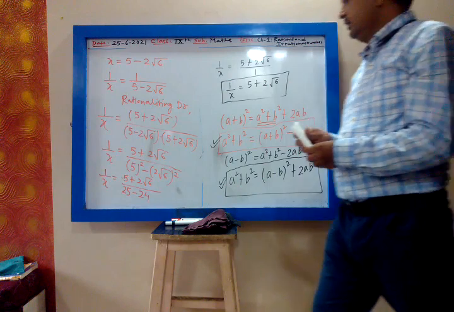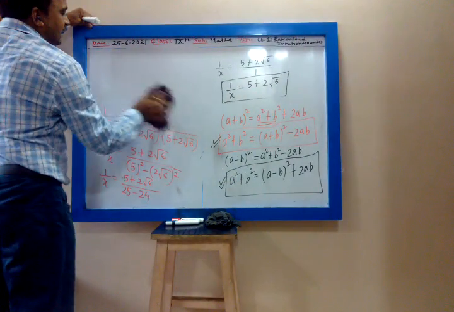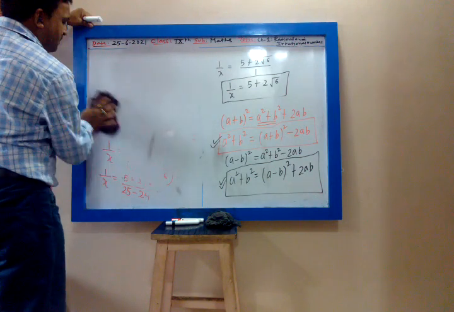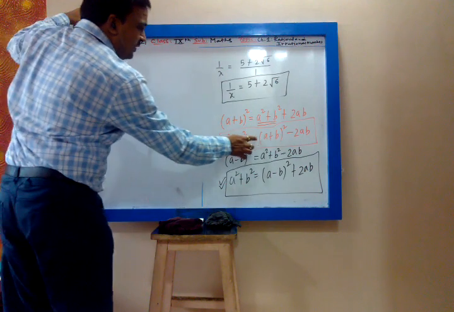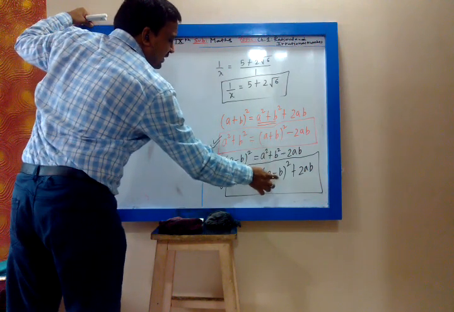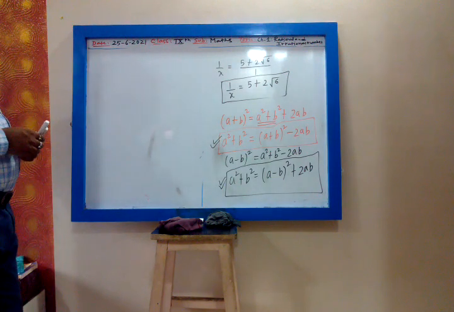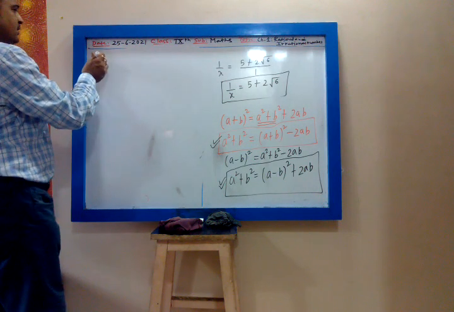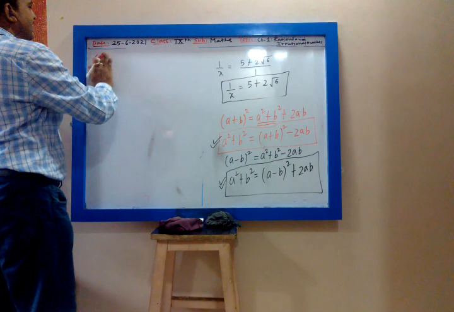So anyway, now you have x and 1 upon x both, so any formula can be used. Either you can find a plus b or a minus b. Are you getting? So now let us find x plus 1 upon x.